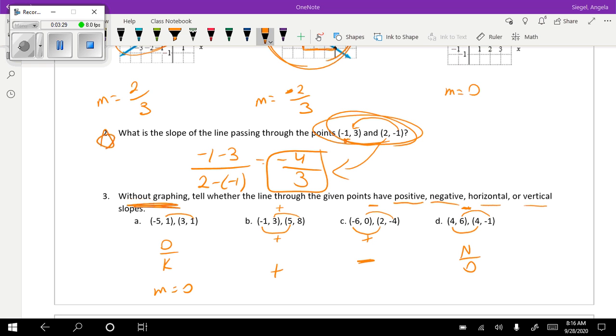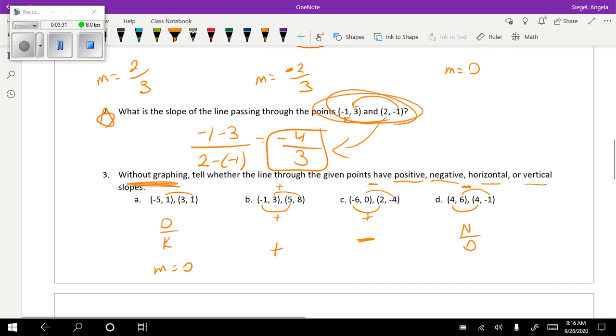So I wanted to point out a couple things that stuck out at me from a preliminary view. So remember that 0 on top is okay. So I had 1 minus 1. So that was sticking out to me that my slope is 0. So remember, a 0 slope is horizontal. This one, I knew that when I subtracted these, it was going to give me positive. When I subtracted these, it was going to give me positive.